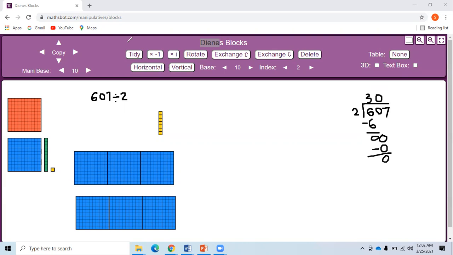If I go back to my model, I now have 7 ones that I can distribute. So I'm going to distribute my ones.